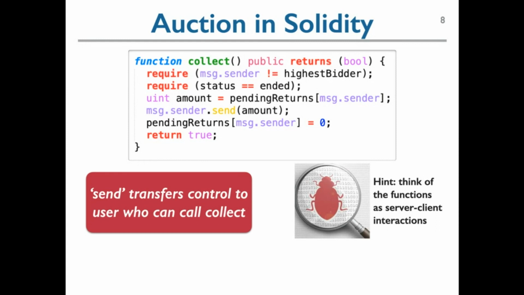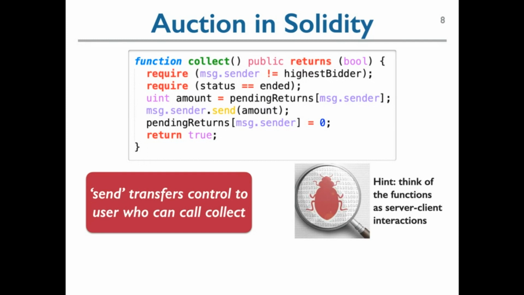So it basically calls what is called a fallback function in the bidder's code base. And if the bidder chooses to call collect inside that fallback function, collect will call send, which will then call collect, which will then call send. And there will be this infinite callback, which will transfer all the money from the auction to the bidder until the auction contract runs out of funds.